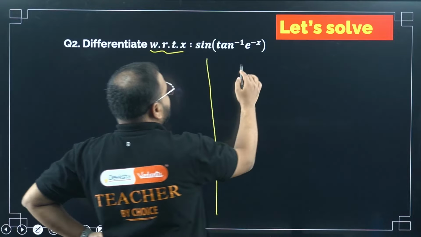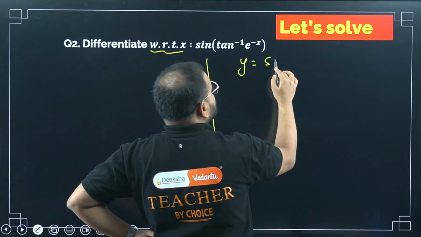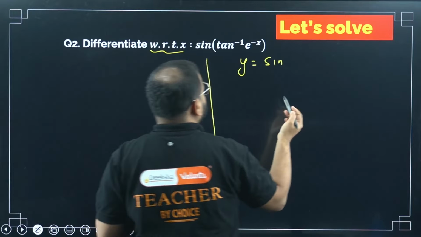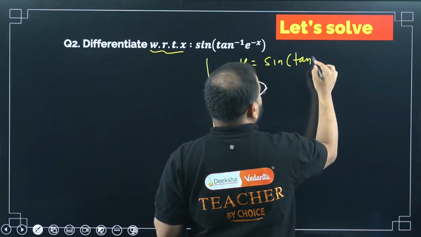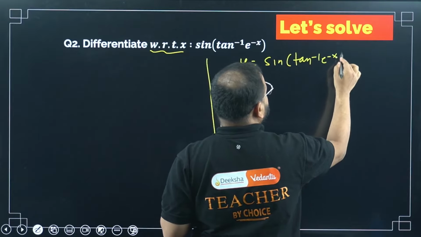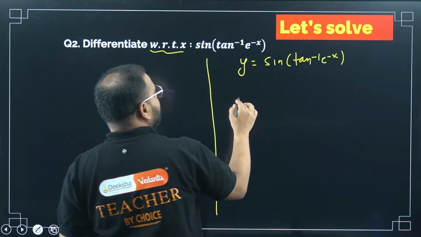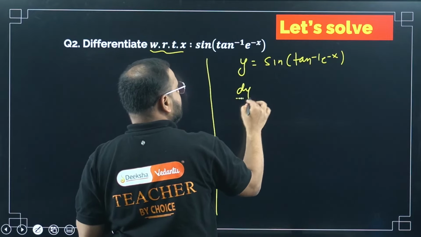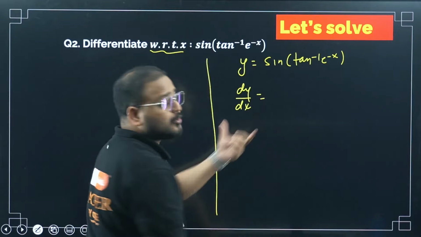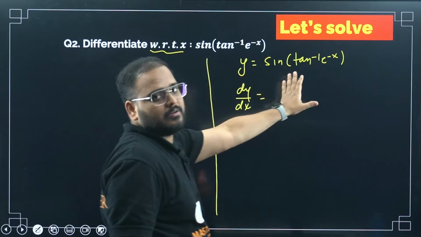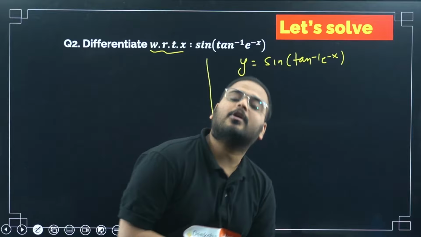So basically, y equals sine of tan inverse of e power minus x. If I am writing dy by dx, what will I get? First I will operate on sine. What rule can I use here? Can I use the product rule here?